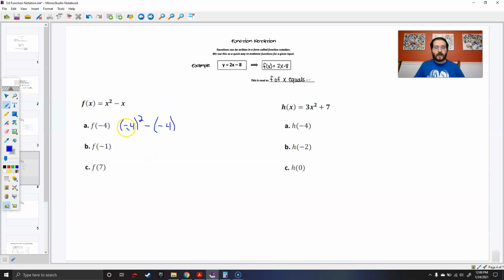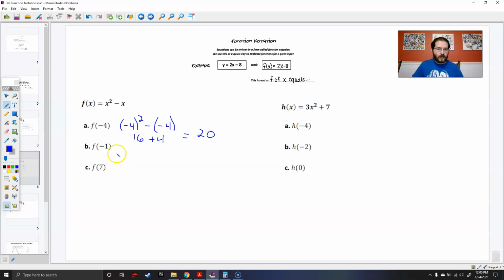Negative 4 squared is negative 4 times negative 4, which gives us positive 16. Positive 16 minus negative 4, we can think of that as keep change if we wanted to, so we add 4. That gives us positive 20.